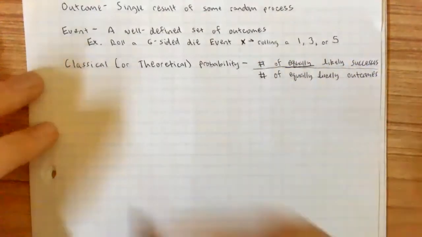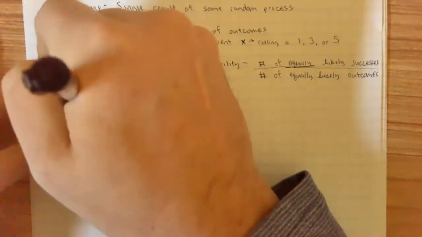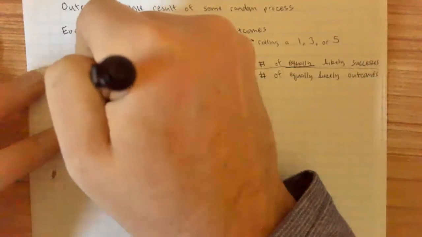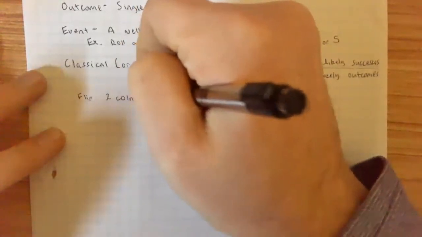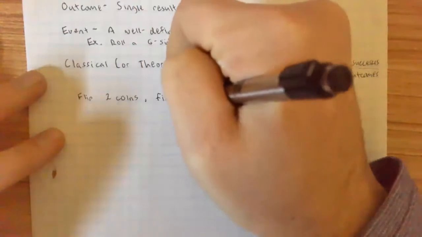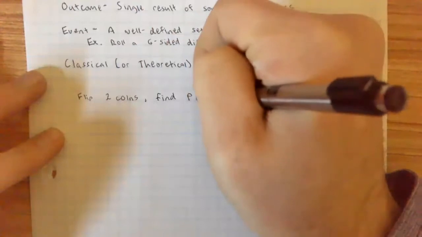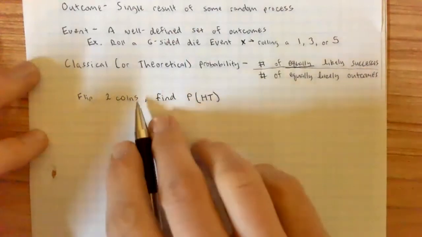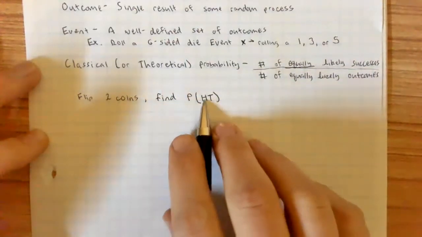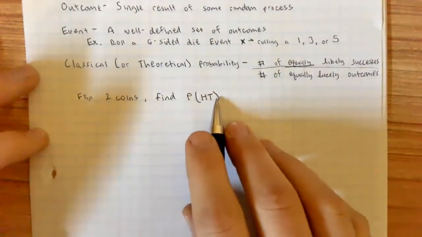Suppose I flip 2 coins. Let's find the probability of getting heads and then getting tails. If I flip 2 coins, I get 1 coin to land on heads and the other coin to land on tails.